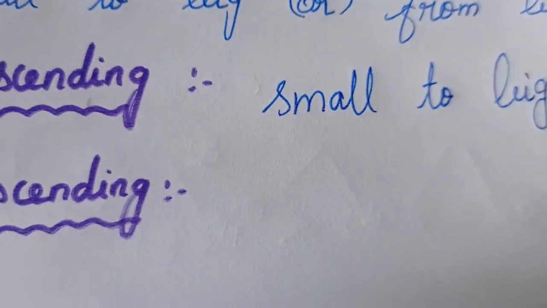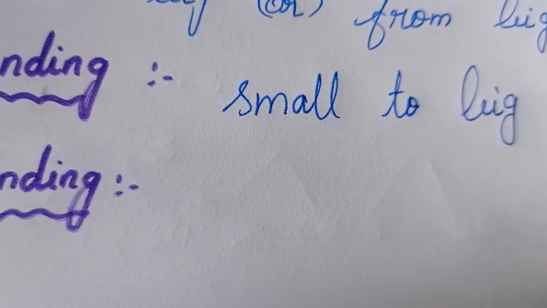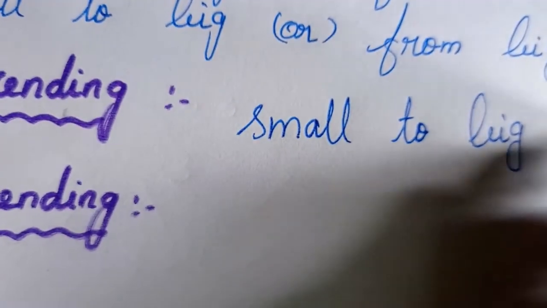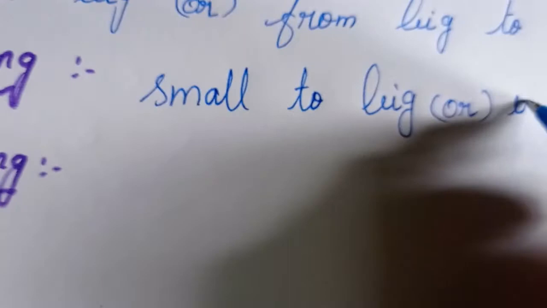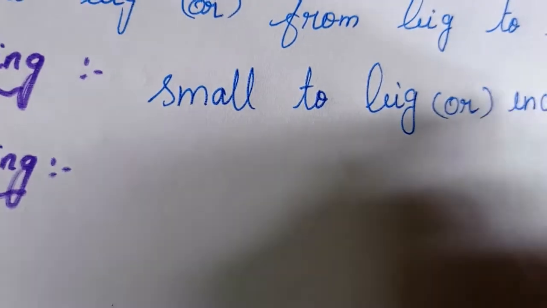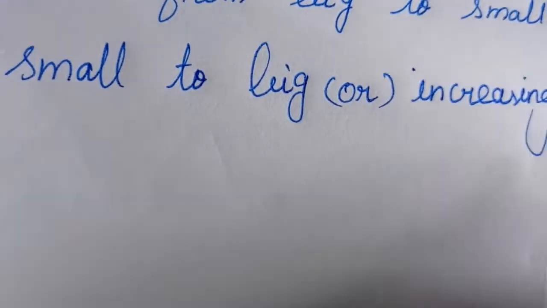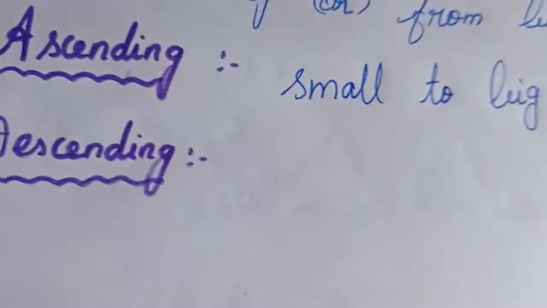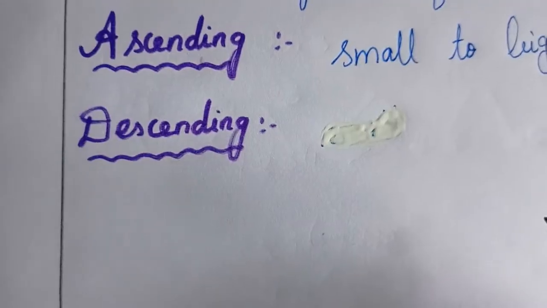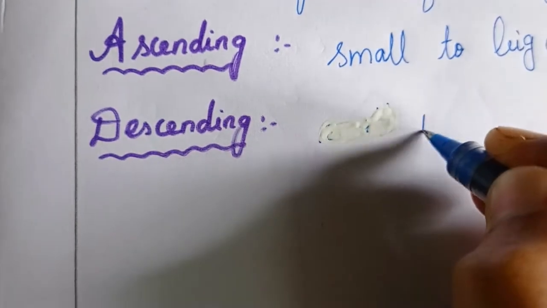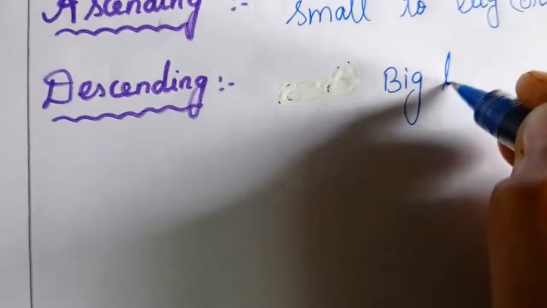You can arrange the numbers from small to big number. The ascending order is otherwise called increasing order. Next one, descending order. Descending order means arrange the numbers from big number to small.